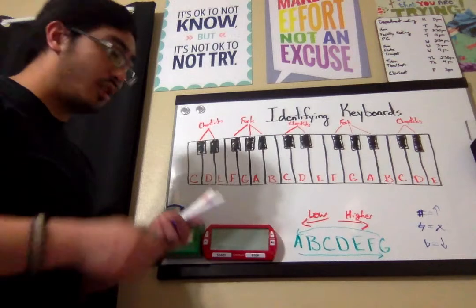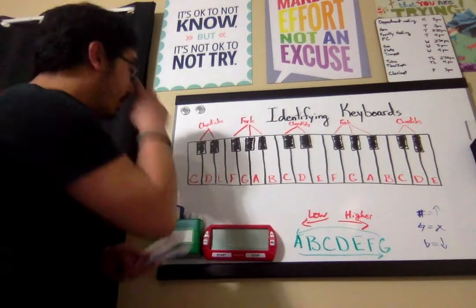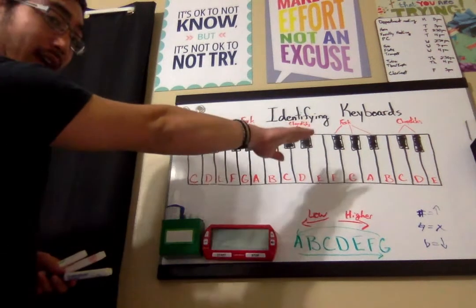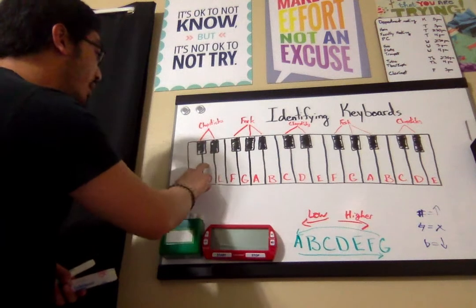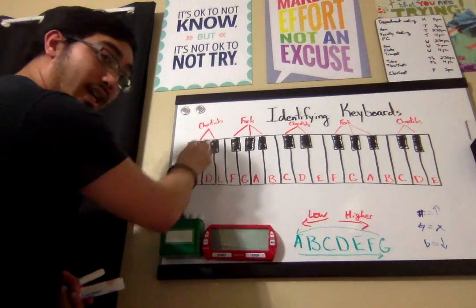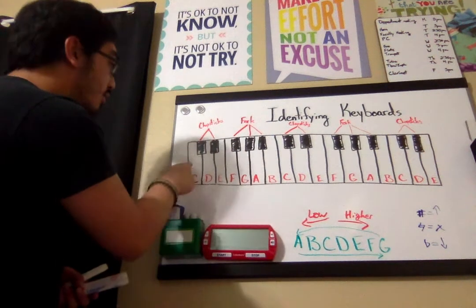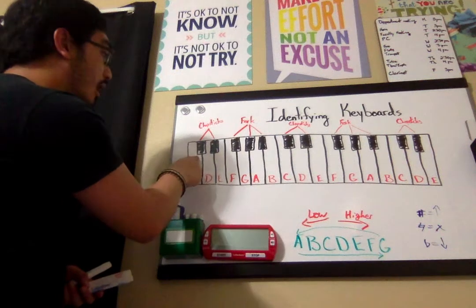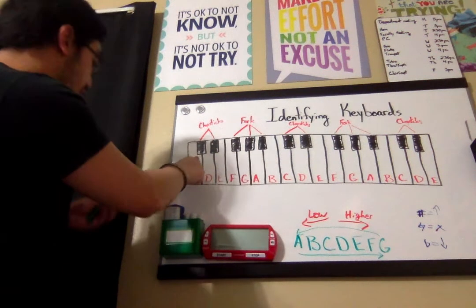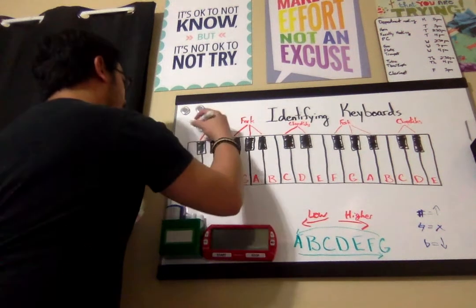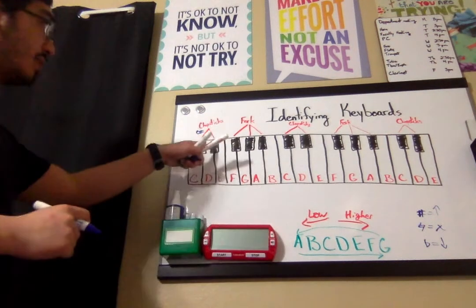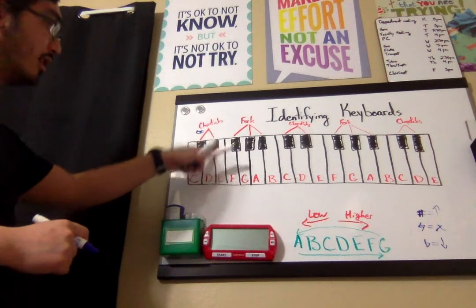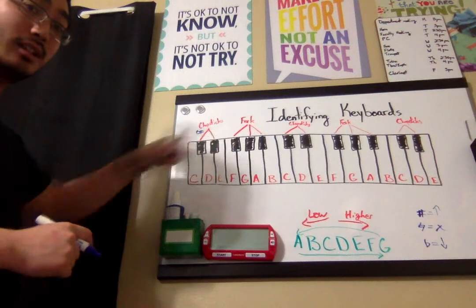So here's where you get the sharps. The black keys are our accidentals. This note is still in between C and D. It's right in the middle of it. So this can be C up a half step, C sharp. This black key is D up a half step, D sharp.